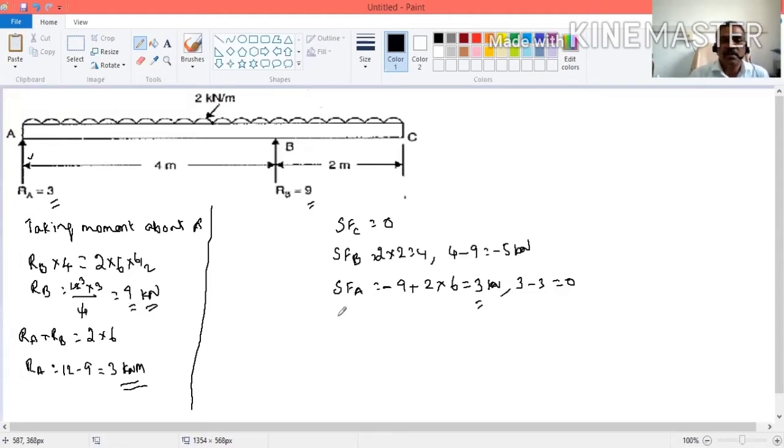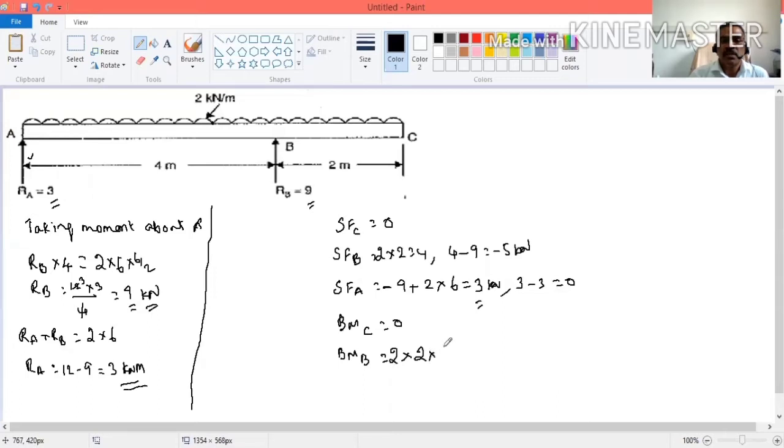Now let us see the bending moment. Bending moment at C is equal to 0 because there is no force. Bending moment at B: if you consider the right side, this is 2 multiplied by 2, a force multiplied by distance.